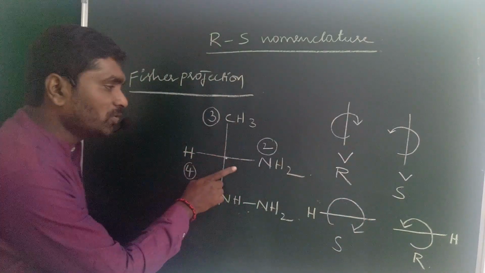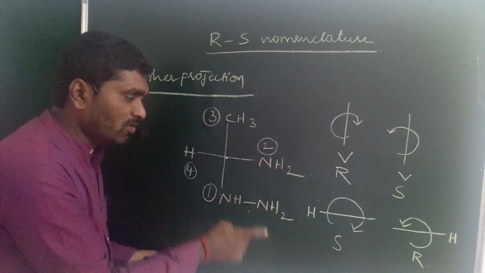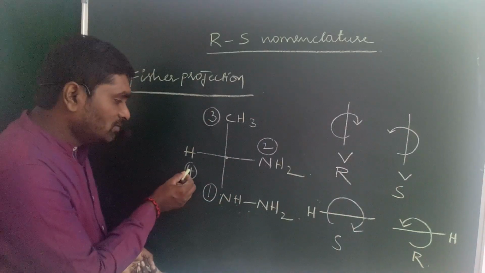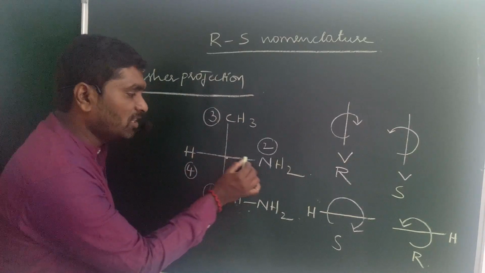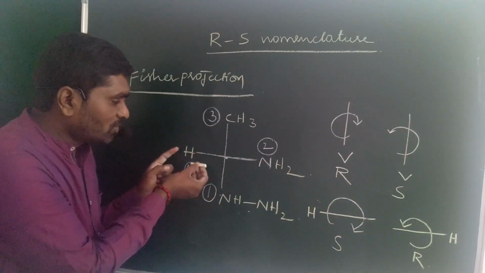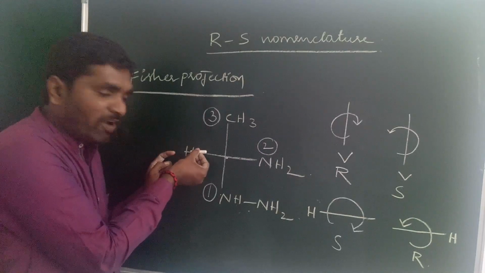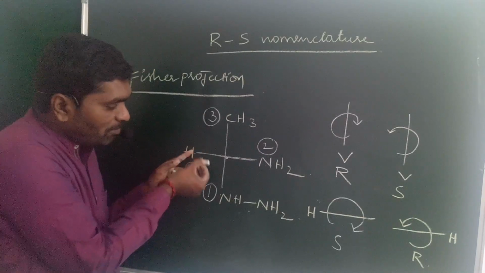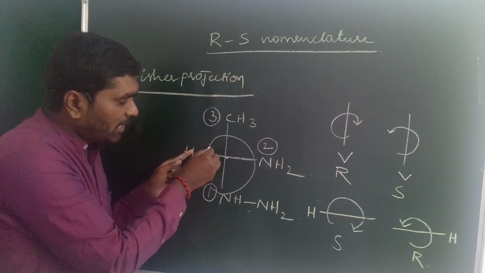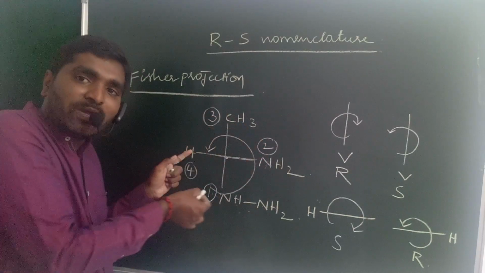Okay guys, according to the RS nomenclature, what is the notation for this compound? Whether this one is the R configuration or S configuration. Look at this one. The least priority group is present on the horizontal line. The remaining three groups, 1, 2, 3, rotate in anti-clockwise direction.